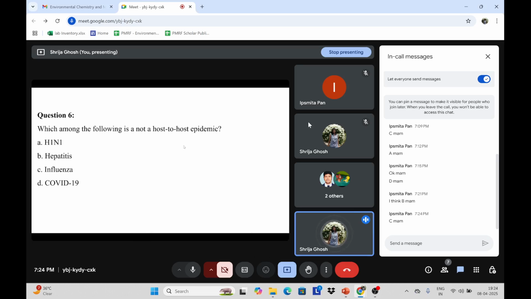You have written option C. What about others? Anyone else wants to answer? Which among the following is not a host to host epidemic? H1N1, hepatitis, influenza, COVID-19.